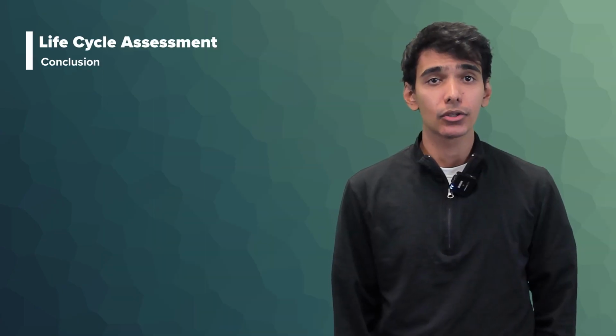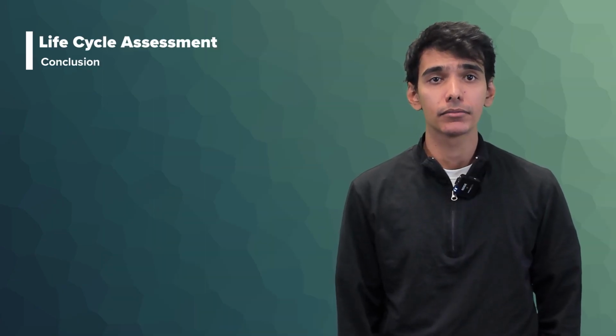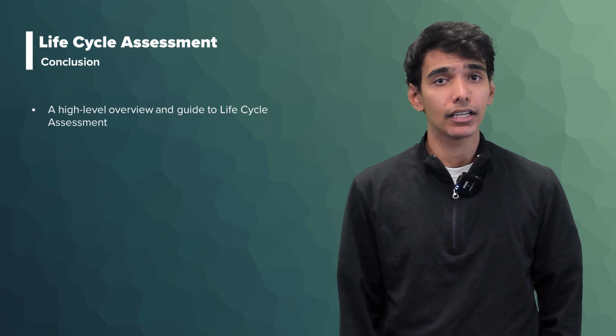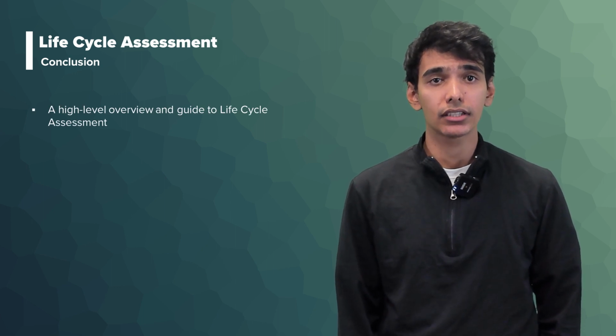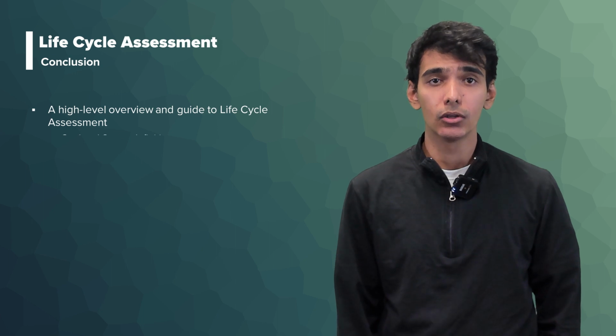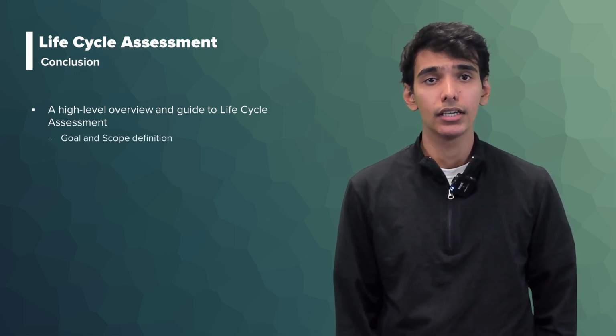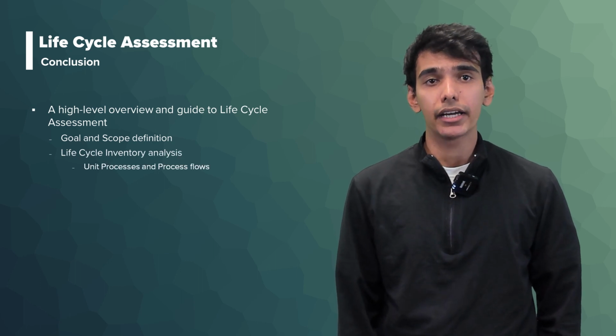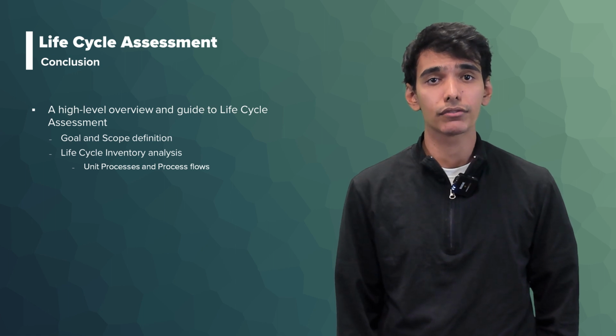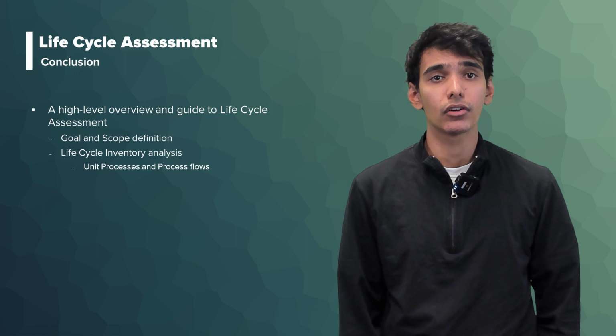This brings us to the conclusion of this lecture. So we looked at a high-level overview and guide to lifecycle assessment. We included goal and scope definition, in which we talked about functional units and reference flows. Following this, we looked at lifecycle inventory analysis, including unit processes and process flows, and also we talked about how we can relate these with your original functional units and reference flows.